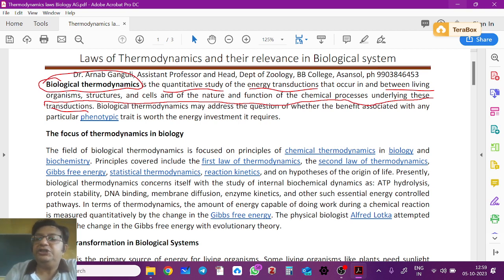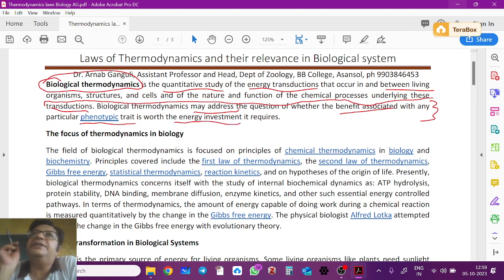Biological thermodynamics addresses the question whether the benefit associated with any particular phenotypic trait is worth the investment it requires. Now in biology, there is an energy cost-benefit ratio which is taken. The cost-benefit ratio is always calculated by an organism.